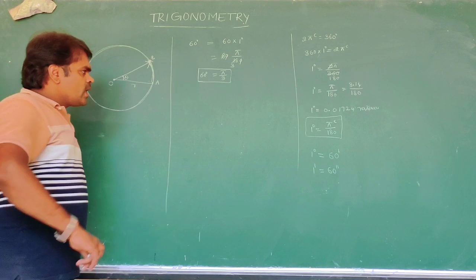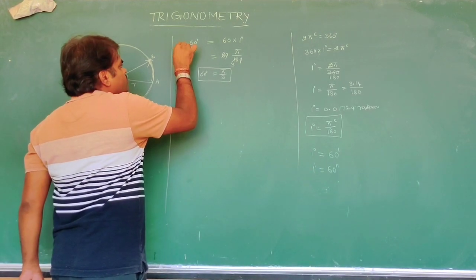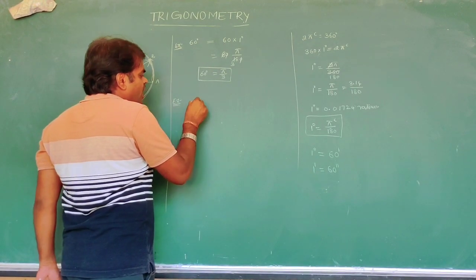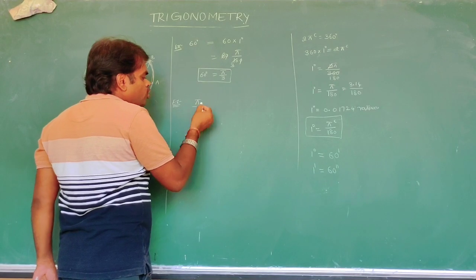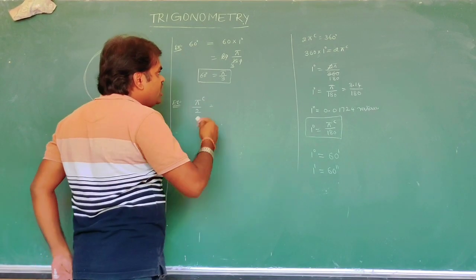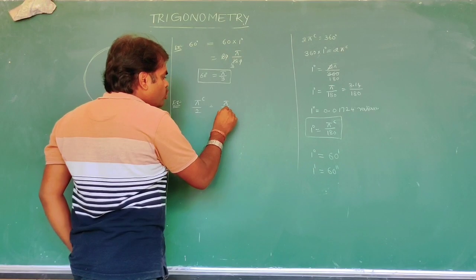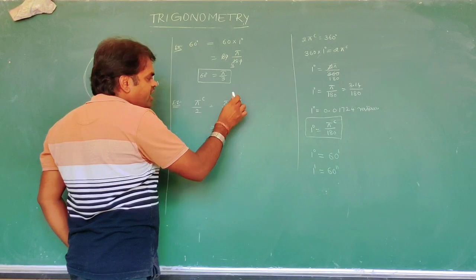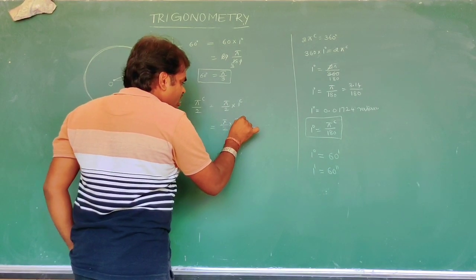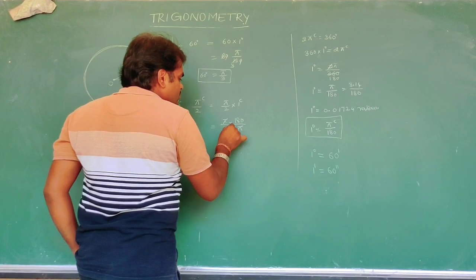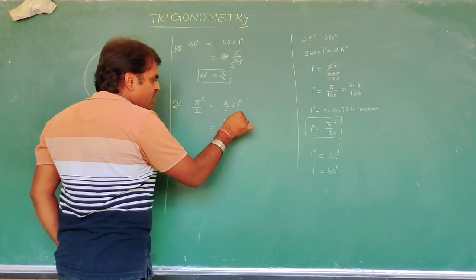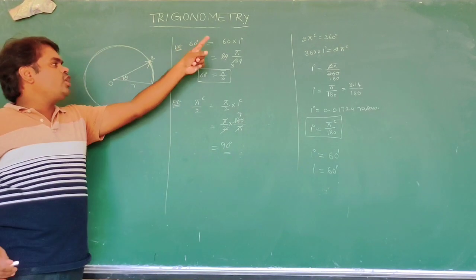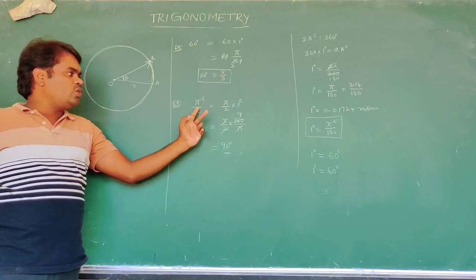Now another example: pi by 2 radians converted to degrees. That is pi by 2 into 1 radian, which is 180 by pi. Cancel, and that is 90 degrees. These are the degree to radian and radian to degree conversions.